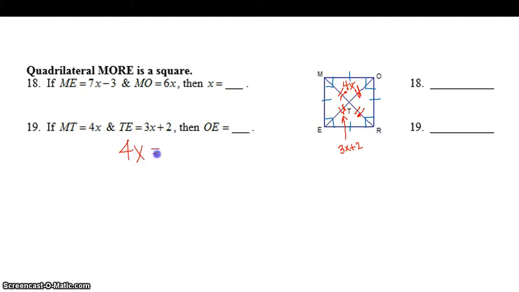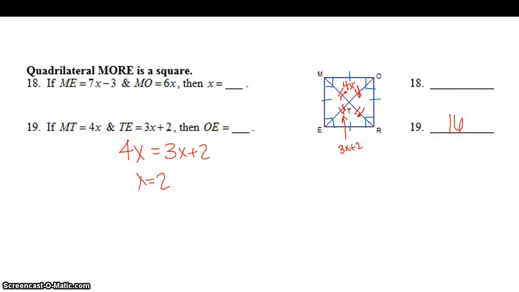So 4x equals 3x plus 2, so minus 3x, x equals 2, but that's not what they wanted. They wanted OE, so OE is the whole diagonal, so let's plug it in here. So 3 times 2 plus 2 is going to be 8, so this is 8, which means this is 8. So the whole thing from O to E should be 16.